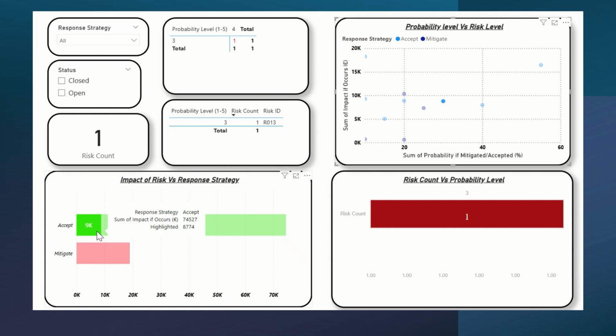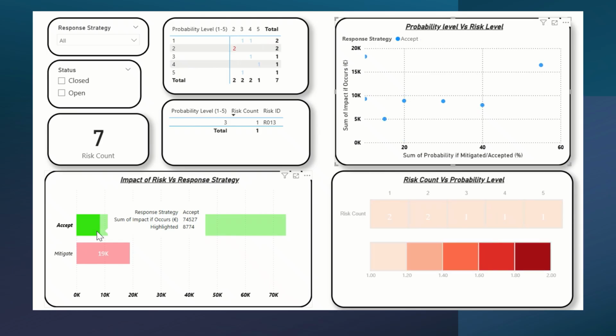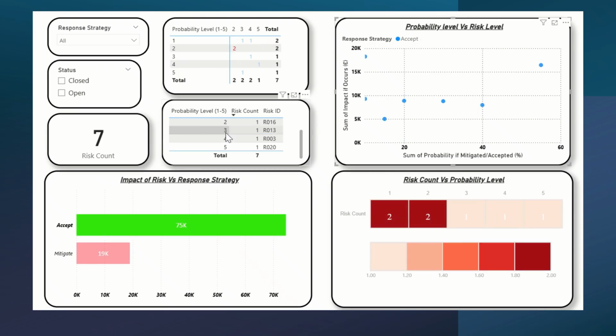Well, actually 8,774. But the sum of impact in case this risk occurs is 74,527. So it's one that should be taken into account, and keep an eye on that one, because it could really end up being a valid scenario for different activities.